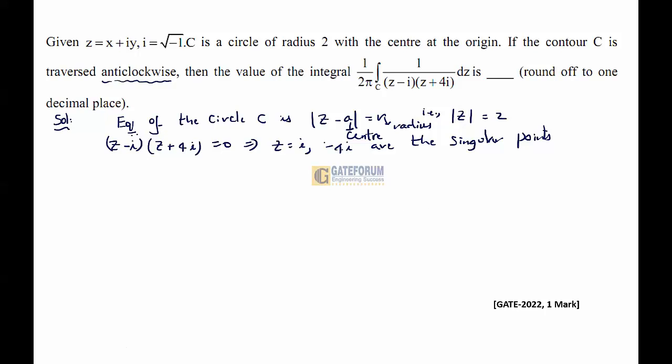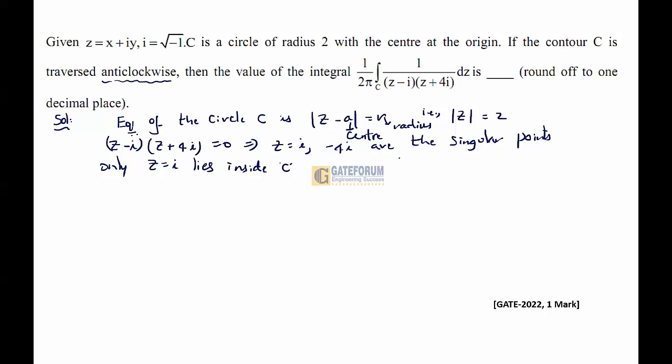So only z is equal to i lies inside C. You can draw the circle with center origin, radius 2. There you can find i inside and minus 4i outside.